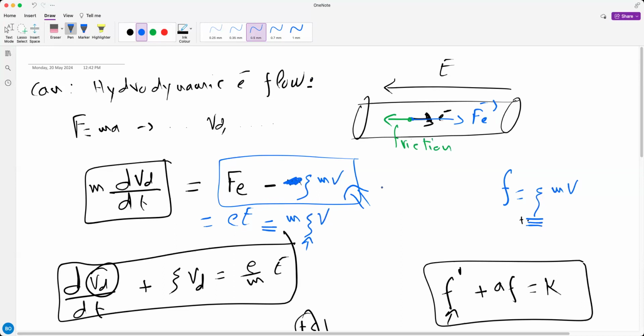Before, we used F equal ma by including the average drift velocity. If you remember, we said that the drift velocity is equal to the acceleration times the collision time. This is what we used before.